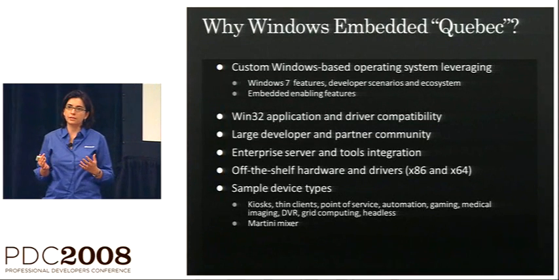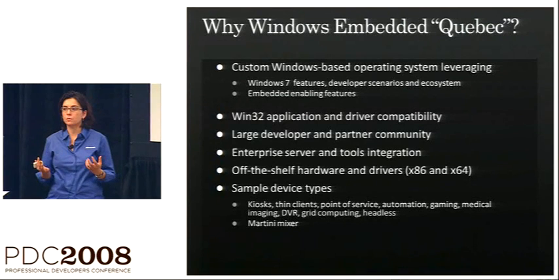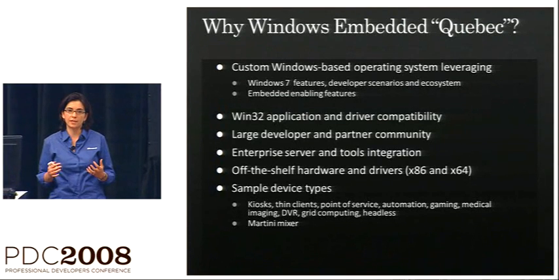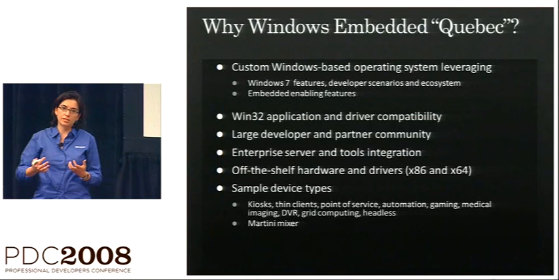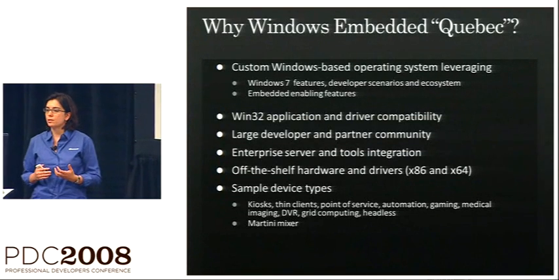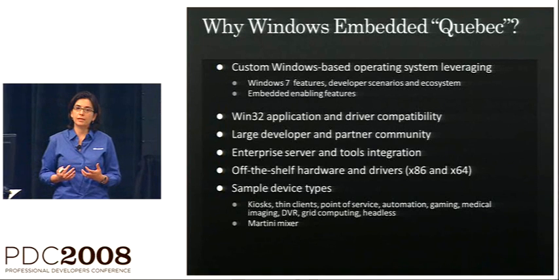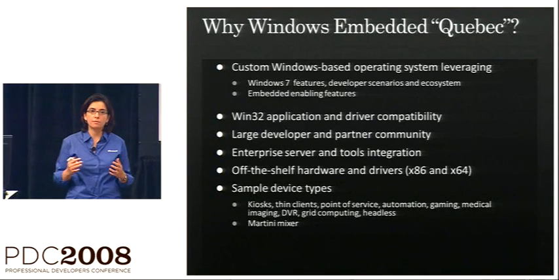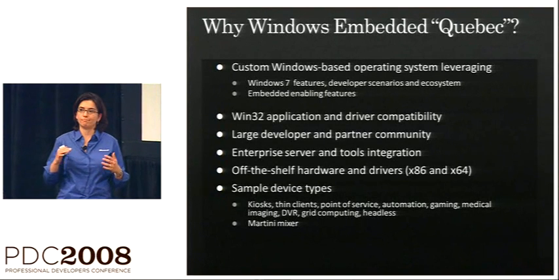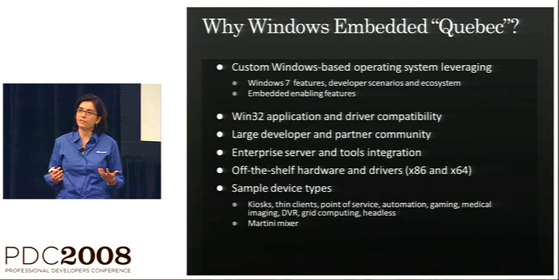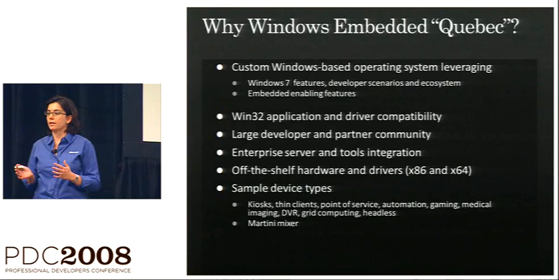You can use this operating system to build your own custom Win32-based operating system that gives you the same level of Windows 7 features, or in the case of XP, XP features, and application compatibility, same kind of drivers, and you can build this operating system on off-the-shelf PC hardware if you want. So you can have very fast time to market. If your device doesn't require a lot of custom hardware, this would be the product to pick.